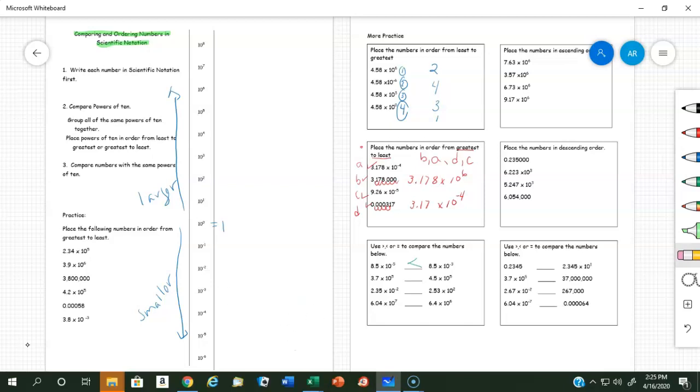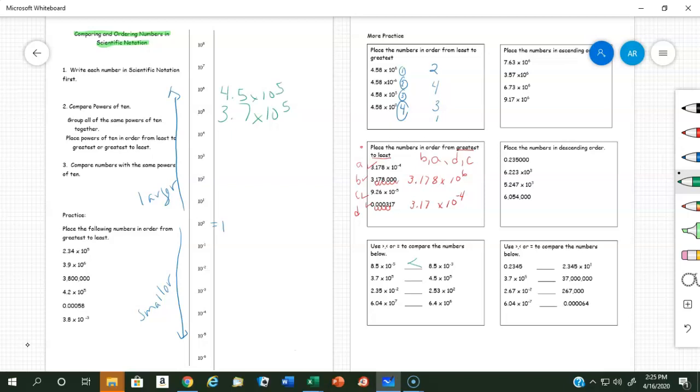So here we go, and let's look at our next set. So we have 3.7 times 10 to the fifth, so that's going to be way up here. I'm going to have 3.7 times 10 to the fifth, and oh, they're both 10 to the fifth, so it's going to be 4.5. I know 4 is bigger than 3 times 10 to the fifth.